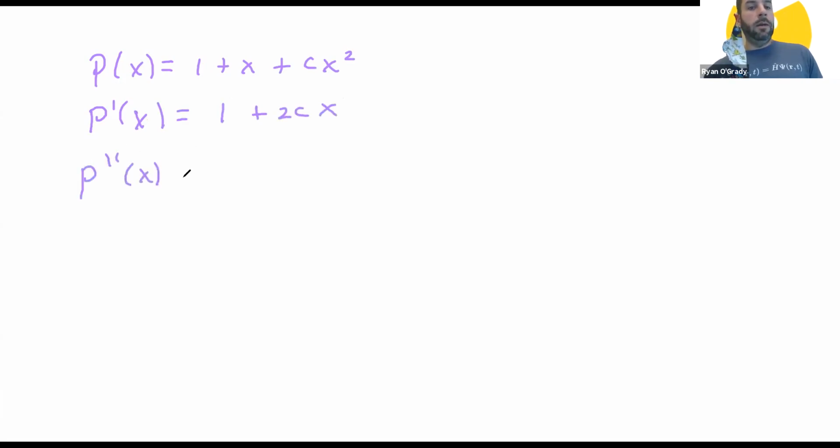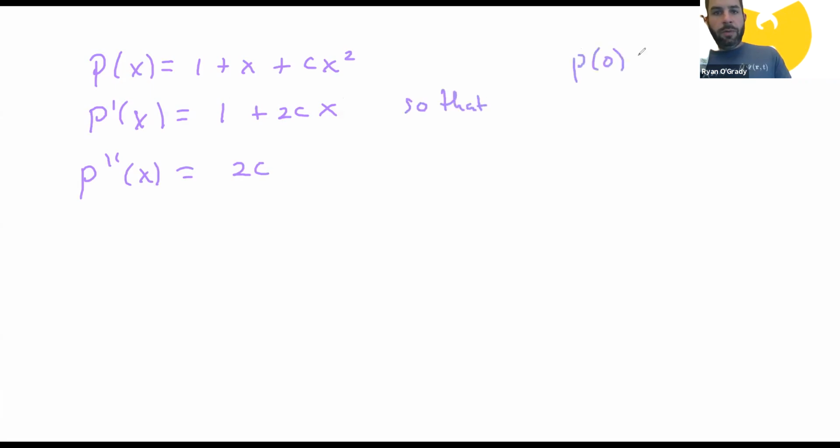P double prime would be 2c. And then what is P of 0? P of 0 is 1. P prime of 0 is 1. And then P double prime of 0 is 2c.